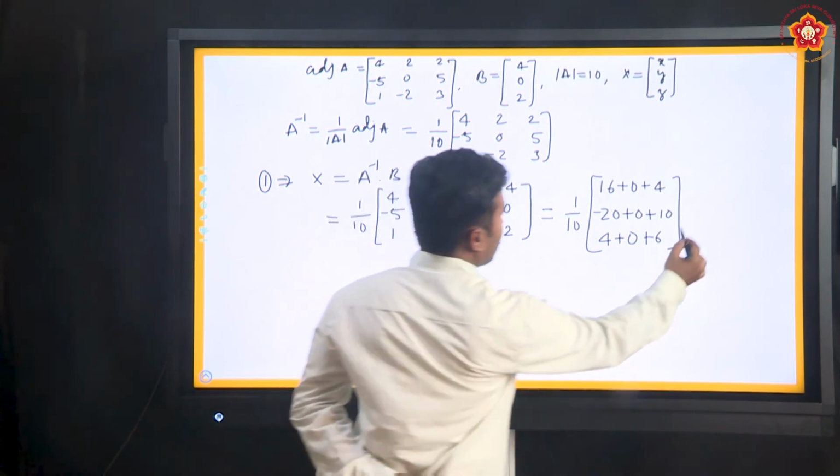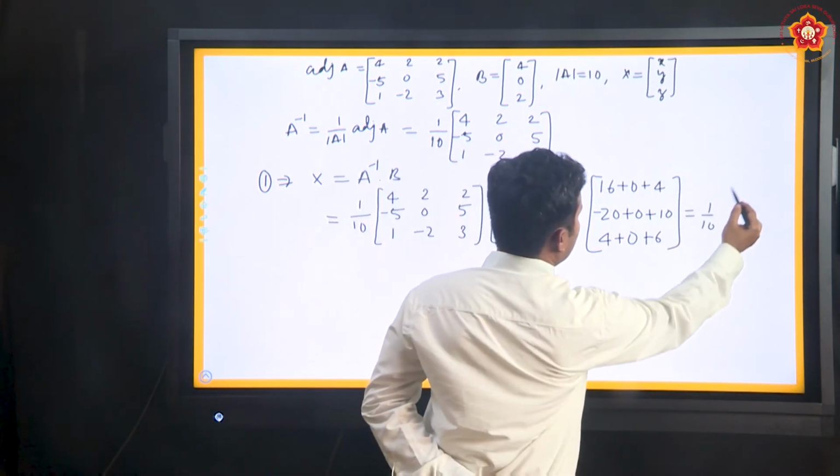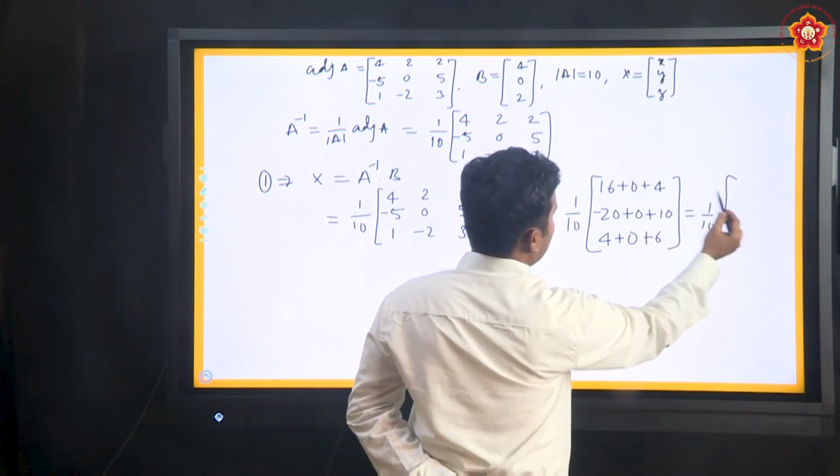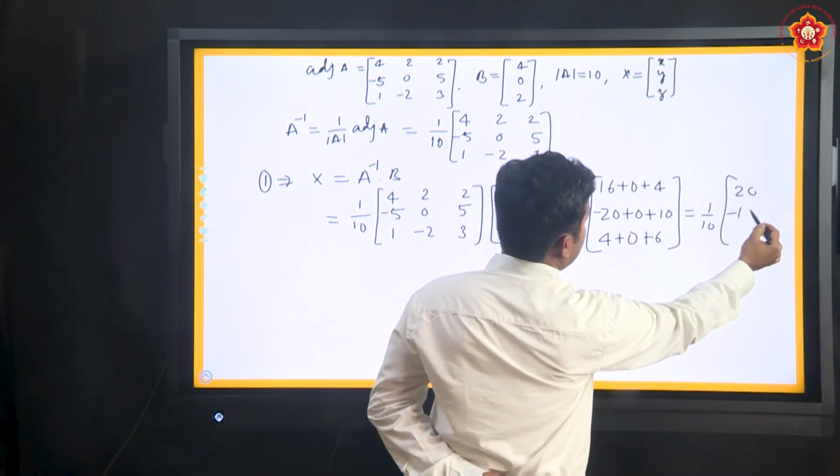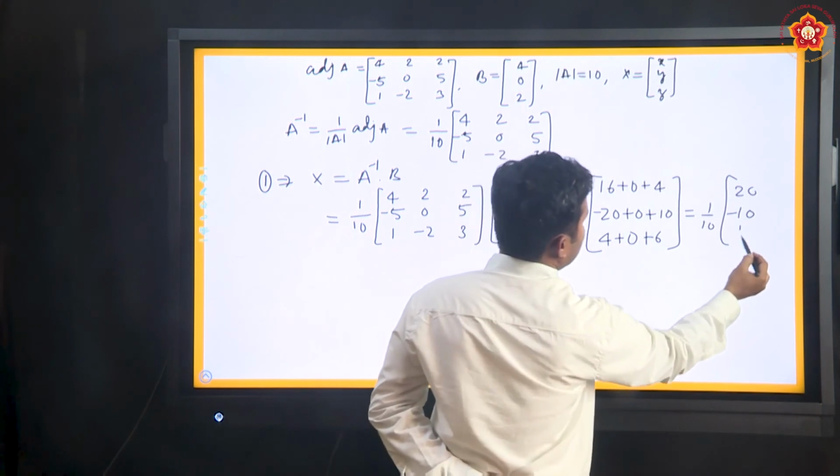Now this is equal to 1 by 10 times: 16 plus 4 is 20, minus 20 plus 10 is minus 10, and 4 plus 6 is 10.